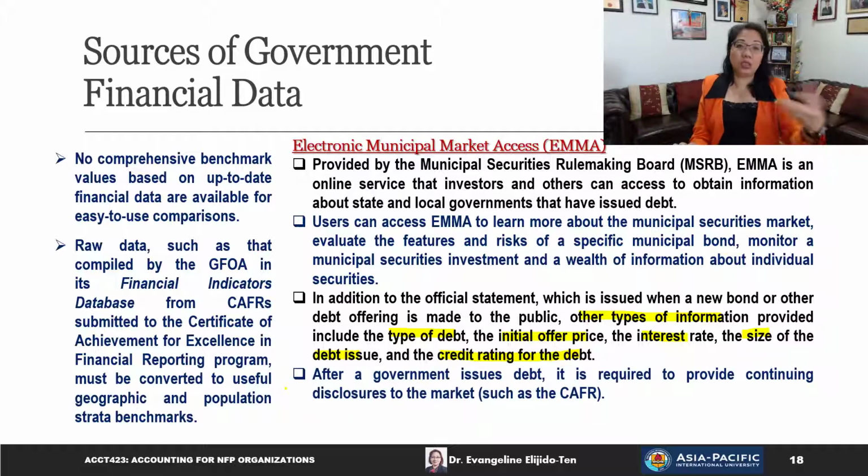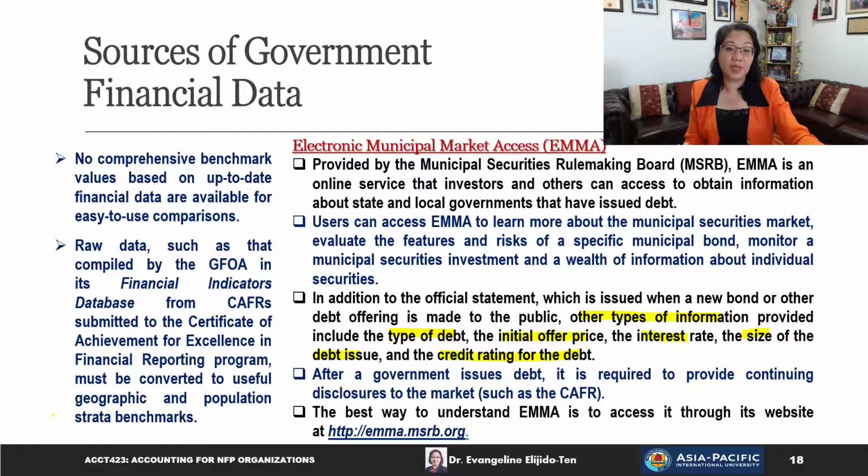After a government issues debt, it is required to provide continuing disclosures to the market. The comprehensive annual financial report will be one of the sources of this continuing disclosures requirement. So the best way to understand EMMA is to access it through its website at http://emma.msrb.org.